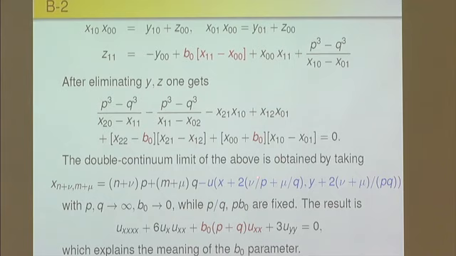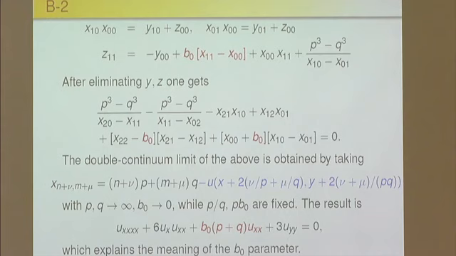So p and q go to infinity, and 1 over p and 1 over q are the lattice parameters. And here I have y, and I divide it by p times q. So this is second order. Okay, now I take the continuum limit like this, keeping these things fixed, and I get this.